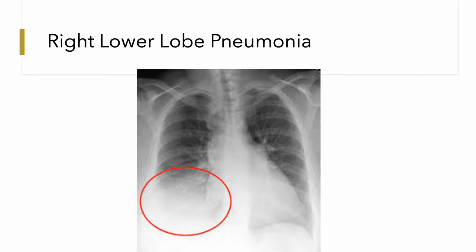This is just a chest X-ray that shows the density on the part of the lung that's circled. That area should be clear. You see the clear outline of the base of the lung on the other side of the X-ray, but on the side that's circled in red, it's dense. It's consolidated.